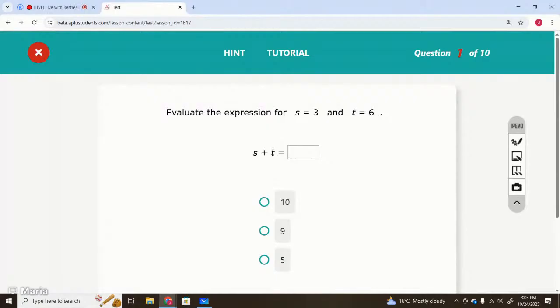Evaluate the expression for s equals 3 and t equals 6.